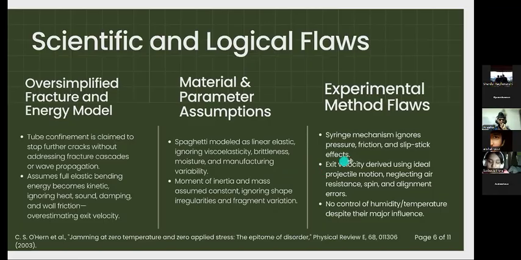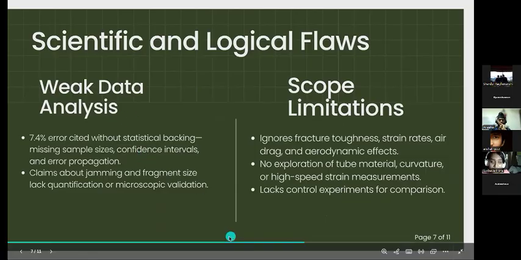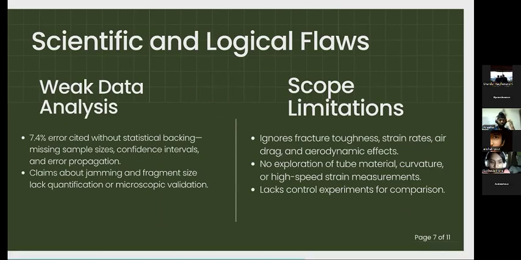Thirdly, the syringe mechanism ignores pressure, friction, and stick-slip effects. The exit velocity has been derived using ideal projectile motion, neglecting air resistance, spin, and alignment errors as well. Furthermore, there is no control of humidity or temperature despite their major influence in this research. Fourthly, the 7.4% error is cited without statistical backing, missing sample sizes, confidence intervals, and error propagation as well.